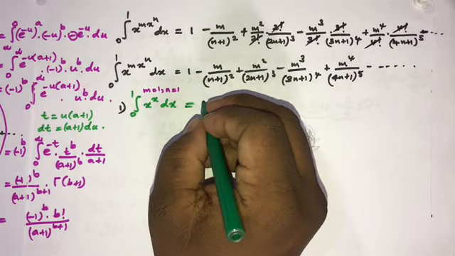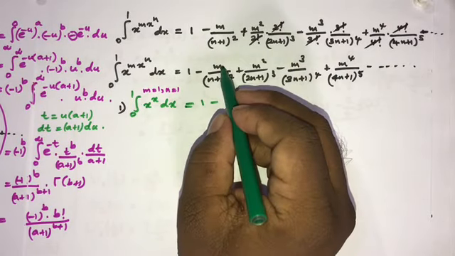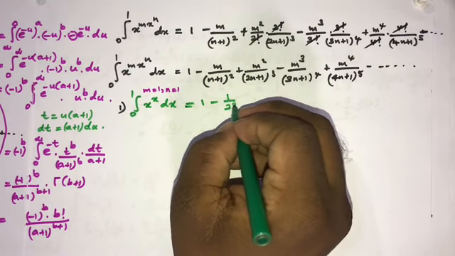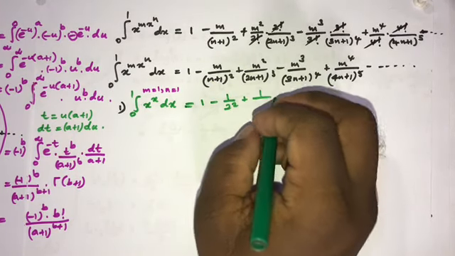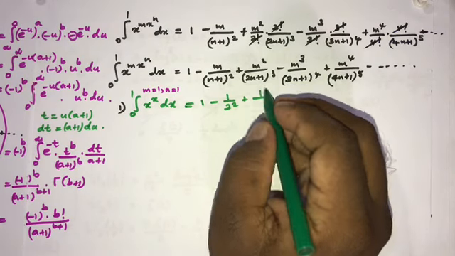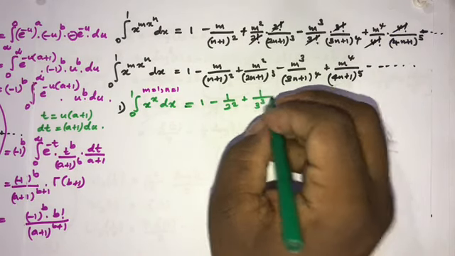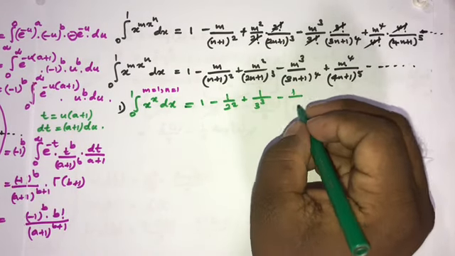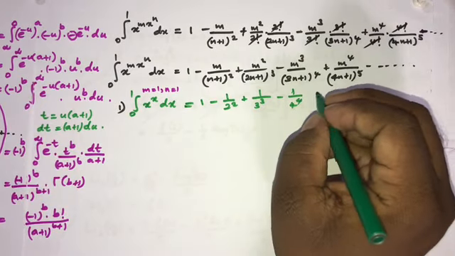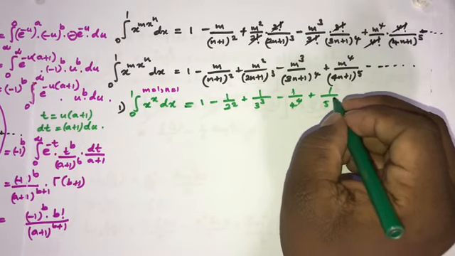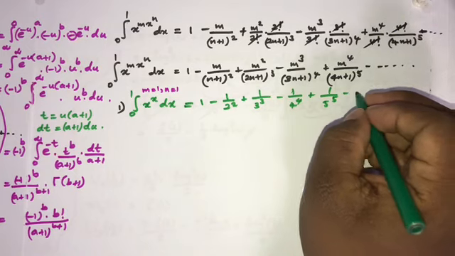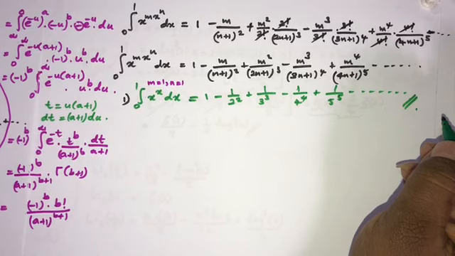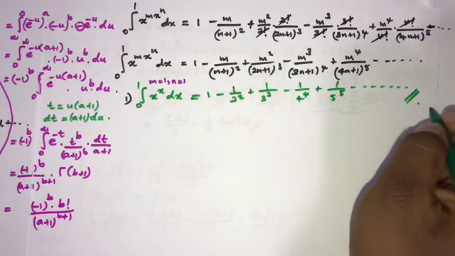We can write 1 minus 1 over 2 squared, then 1 over 3 to the 3rd power, minus 1 over 4 to the 4th power, plus 1 over 5 raised to the 5th power, minus and so on. This is the answer for the first integral, 0 to 1 of x raised to the x.